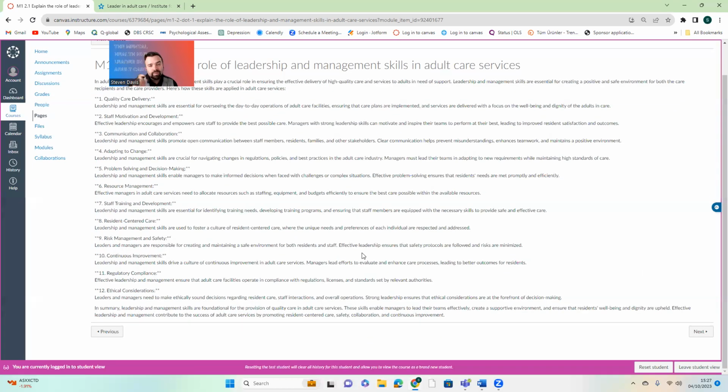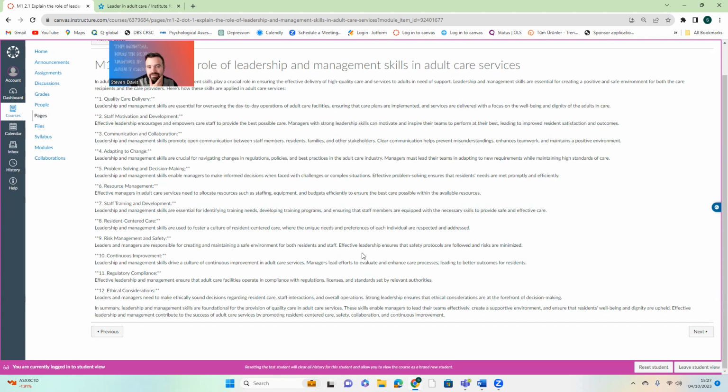Now, if we use the PESTLE model here, so PESTLE is political, economic, social, technological, legal, environmental, people will understand that it's not you that's trying to make the change, but it is a political thing, or it's the CQC, or it's an economic thing.